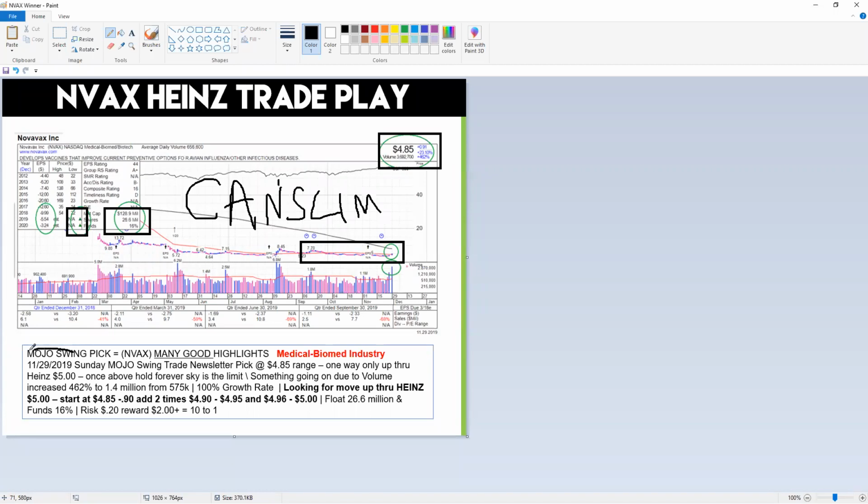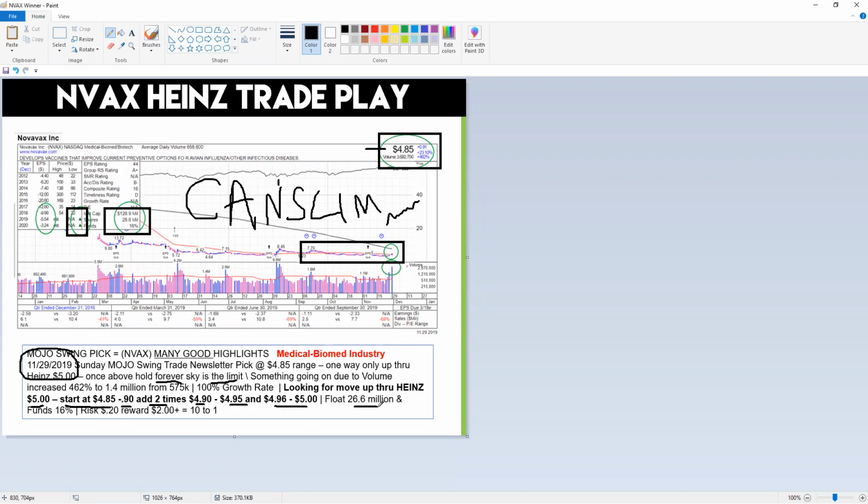Well, on 11/29 of 2019, I wrote one way up through the $5 mark. So we're going to go 485, 490, right through the 5, one way only. Once above that, we're going to hold it forever because the sky's the limit, because we don't know in rail grind how high it can go. Looking for a move up through the $5, starting at 485, 90, adding, I told you, 90, 95, and 97.